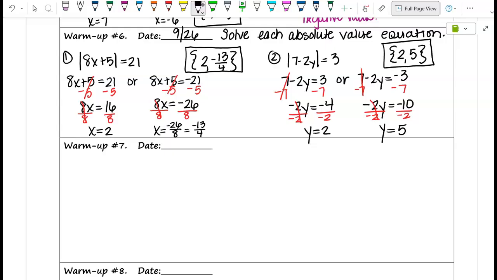The other thing I want to caution you on, because I'm also seeing things where we aren't copying the problem down even correctly. When we're moving from one line to the next, if it was supposed to be negative 20, sometimes I'm seeing it become negative 2. Or if it was supposed to be negative 12, I'm seeing negative 2. Take your time.